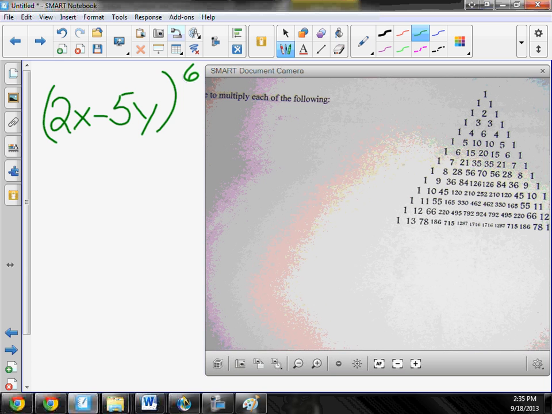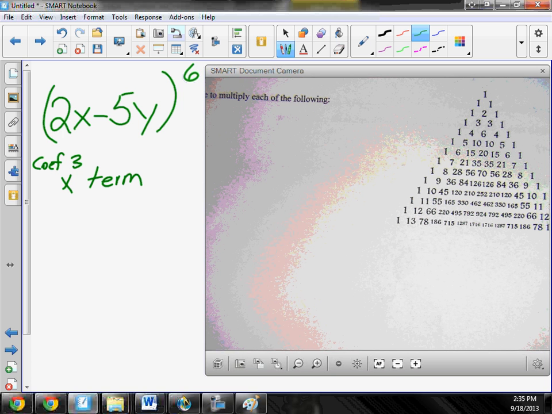What if all I want is the coefficient of the x to the 3rd term? What does coefficient mean? The number in front of the variables. So it doesn't even want the variables. All it wants to know is, on the x to the 3rd term, what is the coefficient?